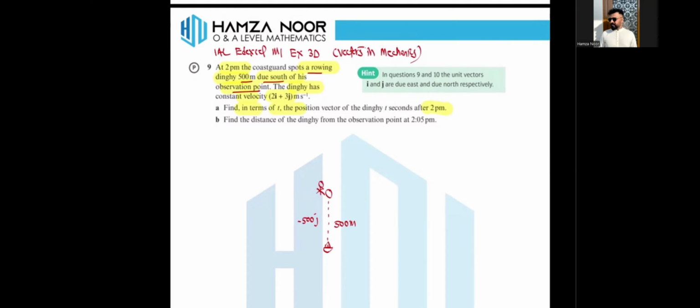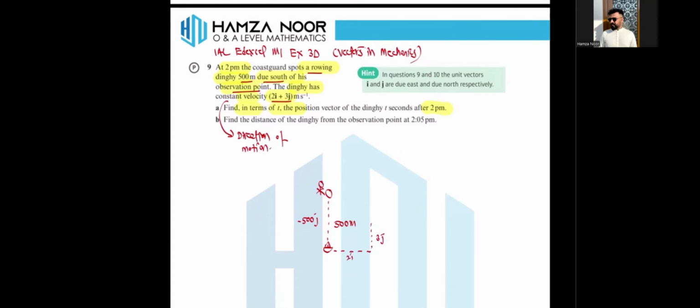The dinghy has a constant velocity of 2i plus 3j meters per second, meaning the constant velocity vector tells you the direction of motion. The dinghy is basically going in this path, 2i plus 3j, meaning horizontally 2 units towards the right and vertically 3 units upwards.